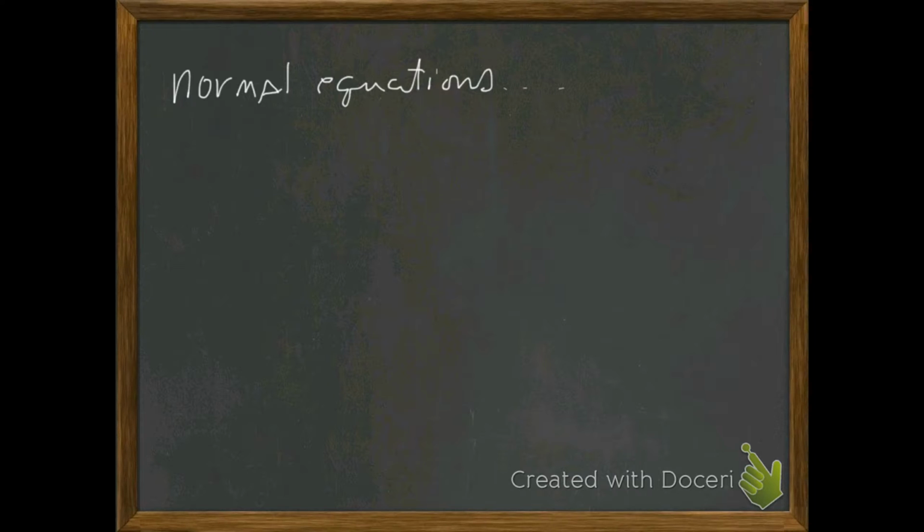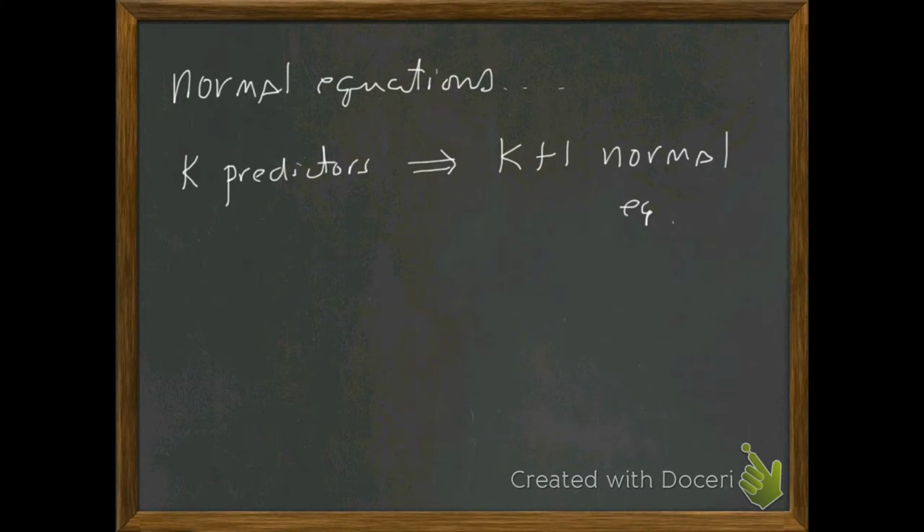And so guys, if we have k predictors, then we'll have k plus 1 normal equations. Now I'm going to go to the next screen here because there's going to be a lot to write here.